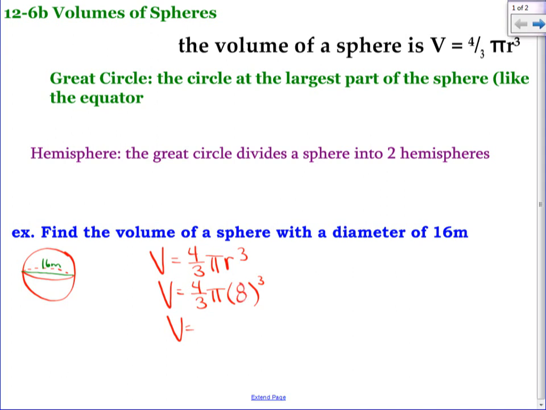Now when you enter this in your calculator, you have to raise that 8 to the third power using the little caret button. So you're going to enter it as 4/3 times pi times 8 to the third power.